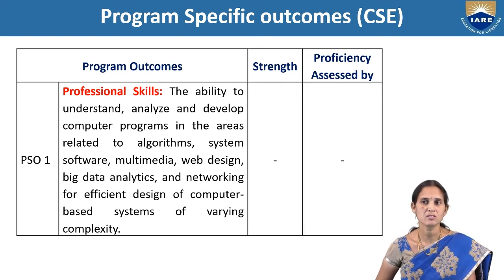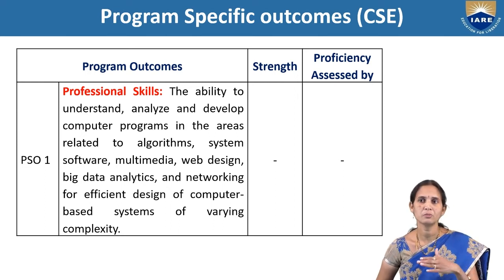Ours is a basic course, so we cannot go to a high level. For example, if we are taking computer science and engineering, we cannot give strength at their level. So we have not given strength here.